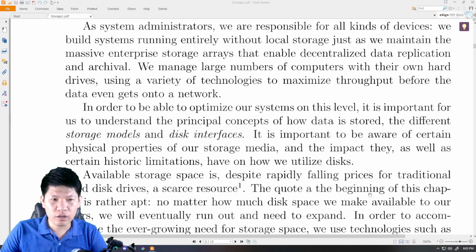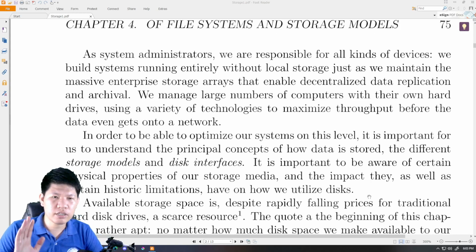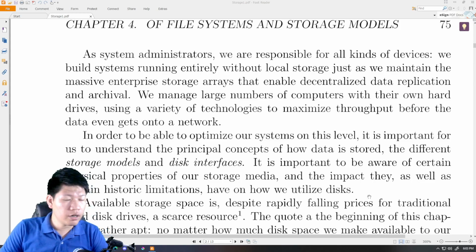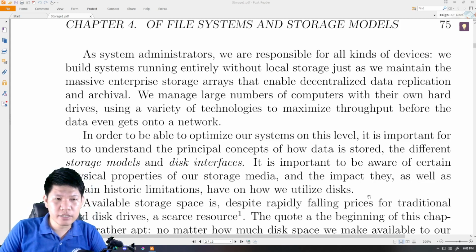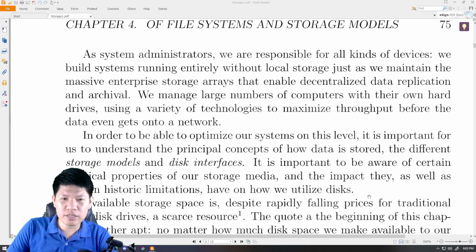So let's jump into our introduction. As system administrators, we are responsible for all kinds of devices. And we build systems running entirely without local storage, just as we maintain the massive enterprise storage array.